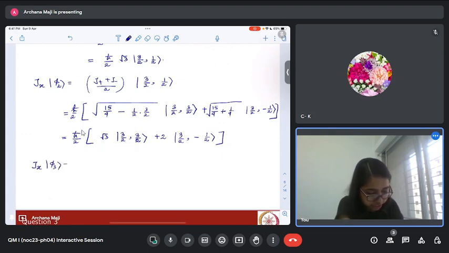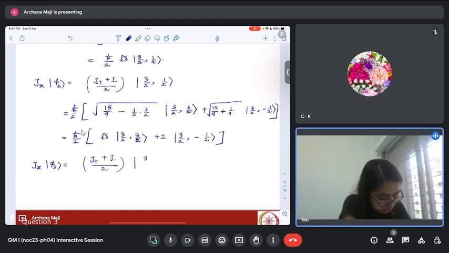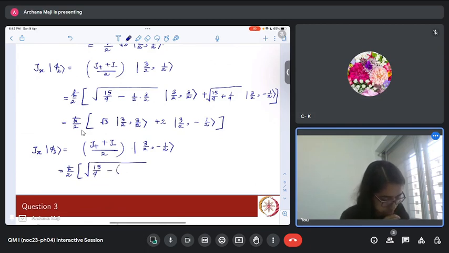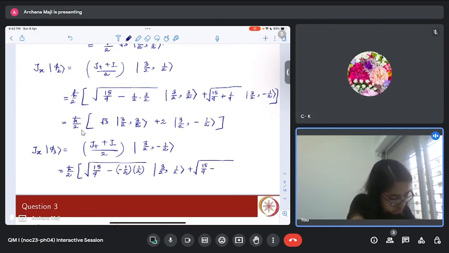Jx acting on phi 3, (j plus j minus) over 2 acting on |3/2, minus 1/2⟩ equals ħ/2 square root 15 over 4 minus j plus, so into half, it will become |3/2, 1/2⟩ plus j minus, m minus 1, so minus 1/2 into 3/2.